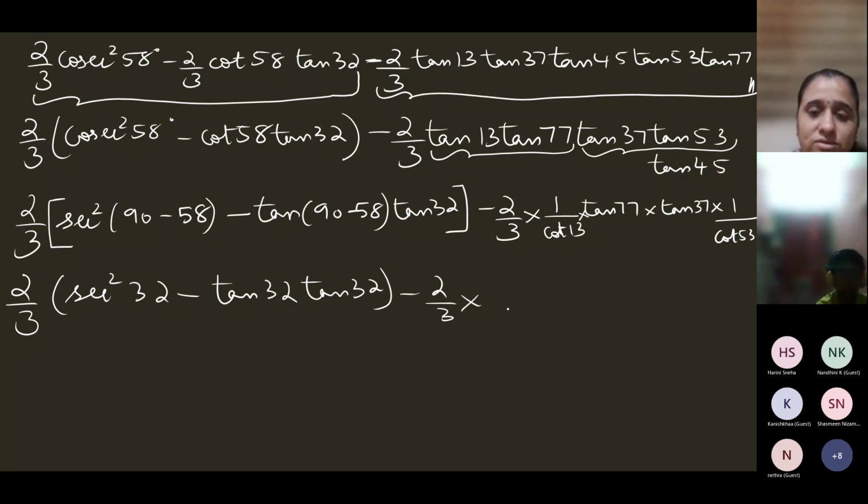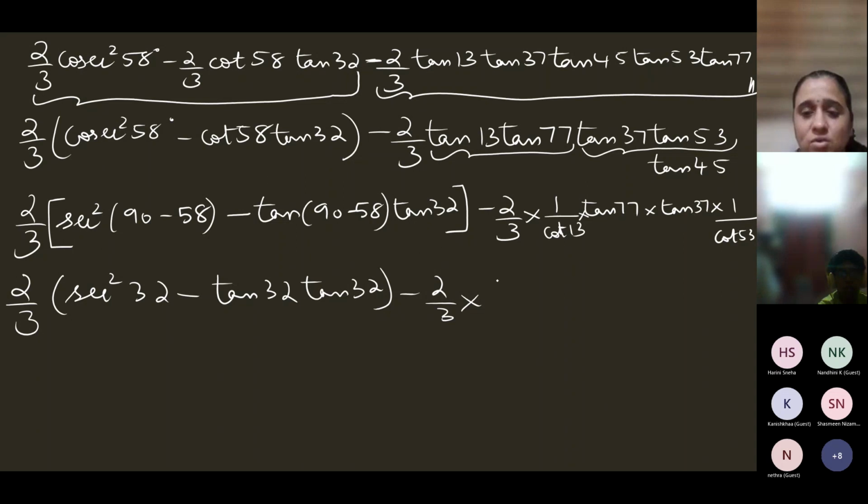now use the concept of complementary ratios. Now, again, anything you can change. You can change cot 13 or tan 77. Again, that's your choice. So supposing I change cot 13. What is cot theta? Cot theta is tan 90 minus theta.